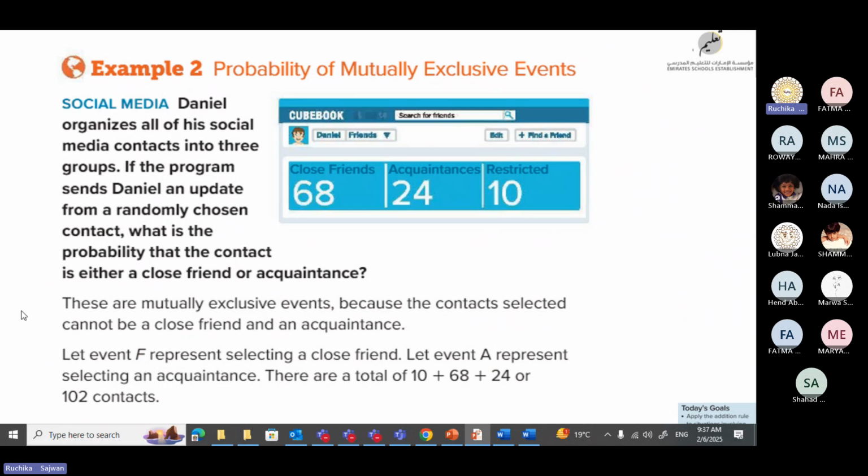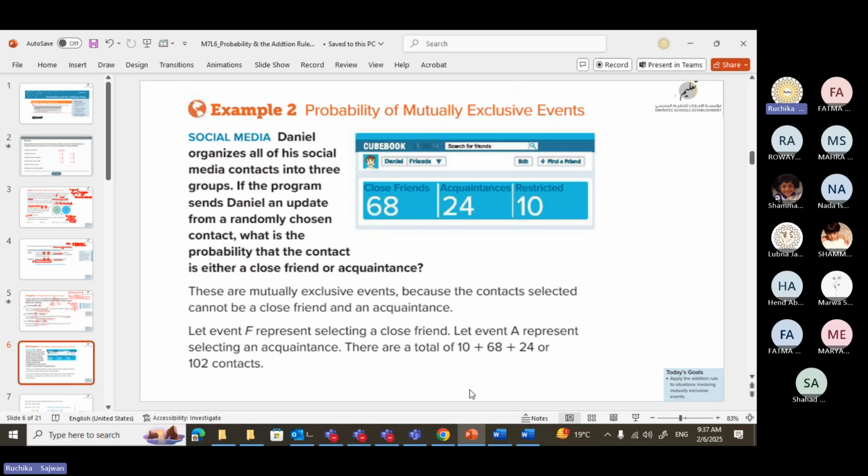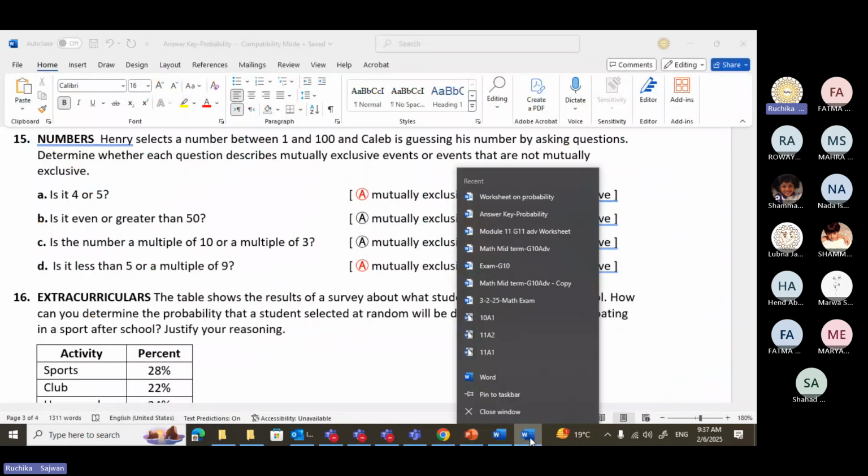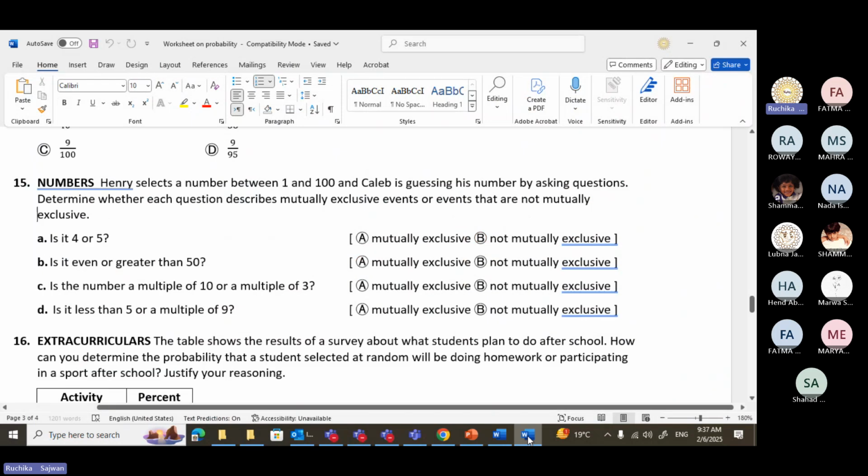Okay, so before we go to the next question, quickly let's go to the worksheet and do question 15. This is the question. I'm going to give you 3 minutes to try it out. Then I will pick 4 girls, one for A, B, C, D. You have to choose which one is the option and give me the reason why.